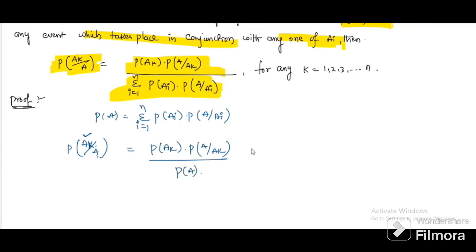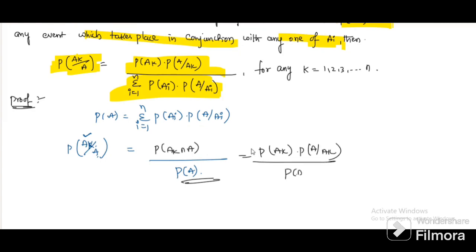How will this come? P of AK intersection A by P of A. AK intersection A means P of AK into P of A by AK, divided by P of A. Here P of A we already know.